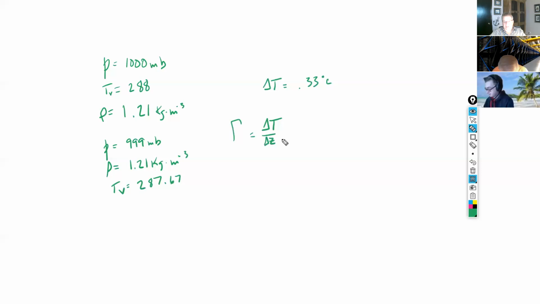I'm trying to figure this out. But I know that the change in height divided by the change in pressure is approximately 1 meter per 8 millibars.